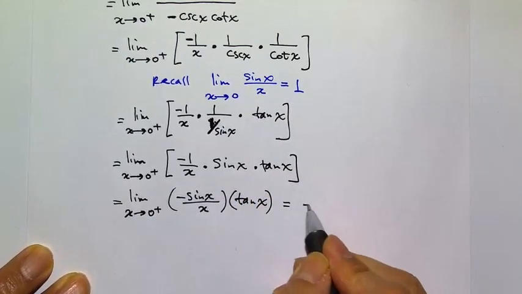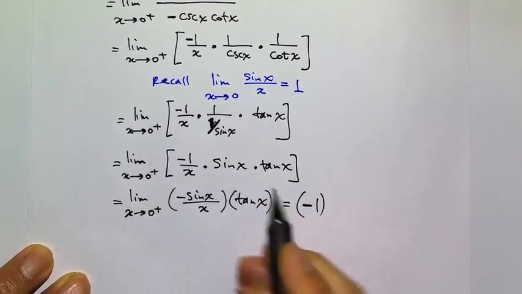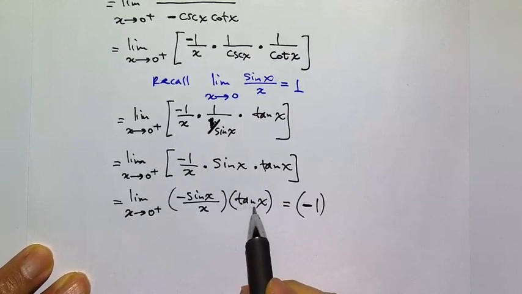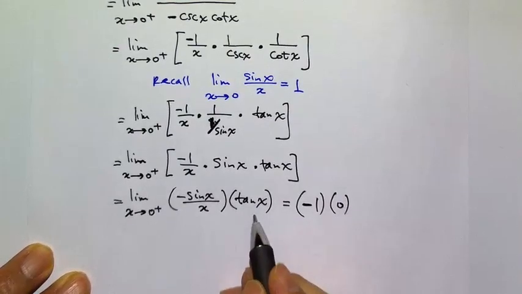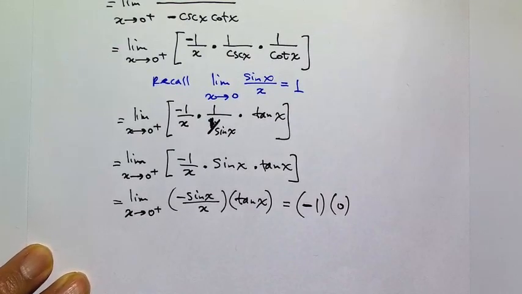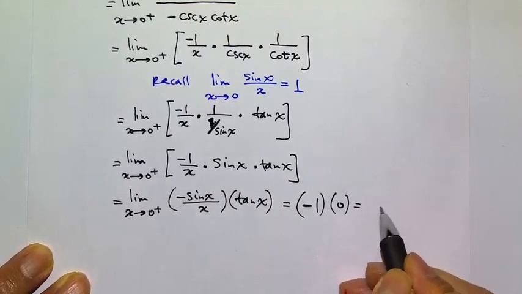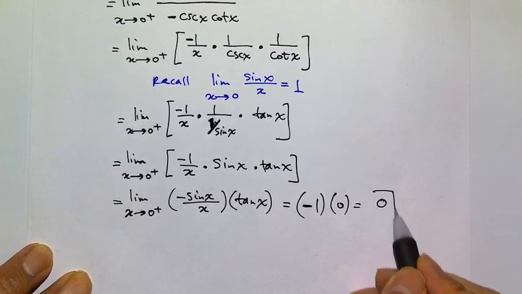So we have minus 1, and we take the limit of this as x goes to 0, we get 0, right? Because tangent is sine of x over cosine of x, and as you apply the limit, that would be 0 over 1, so that's 0 again. And so this will reduce to 0.